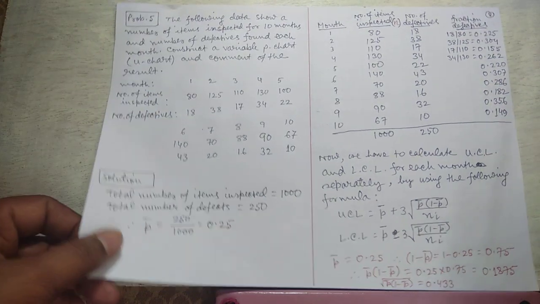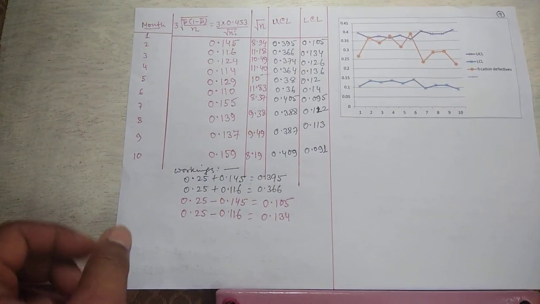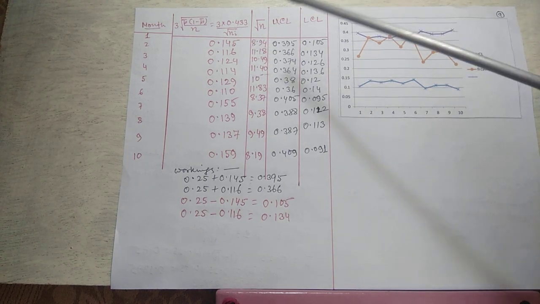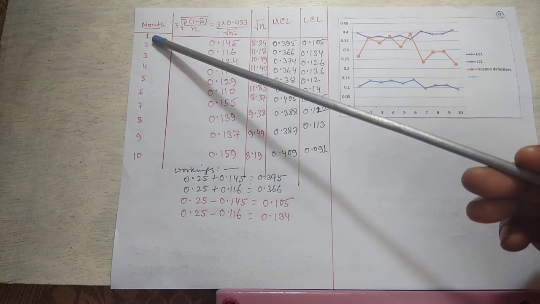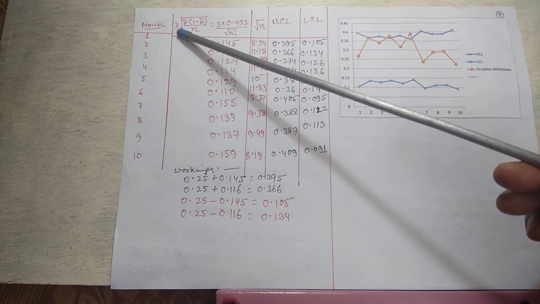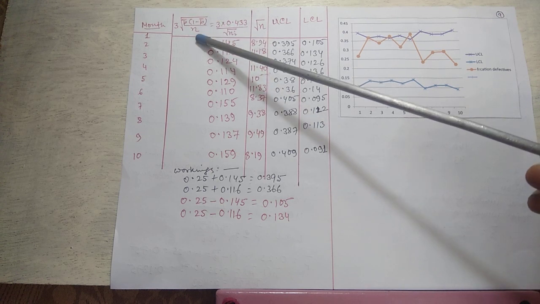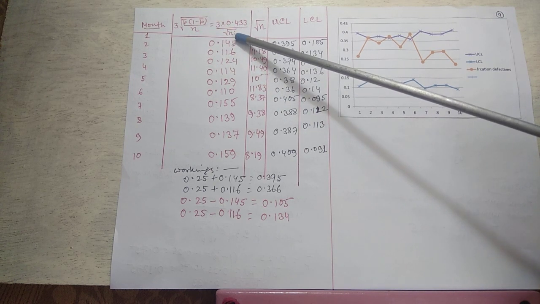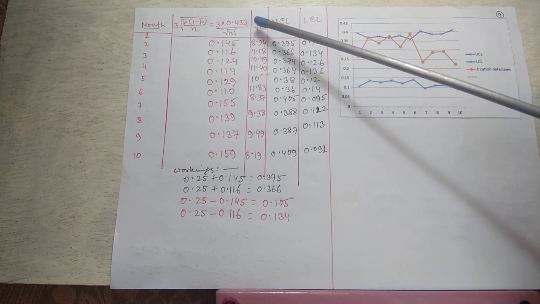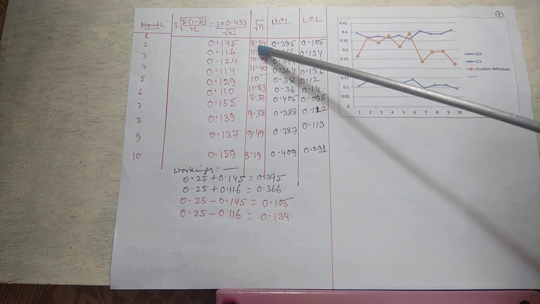Now see, for month 1 to 10, 3 into root of P bar into 1 minus P bar by Ni. At first we have calculated root over N, that is 8.94.